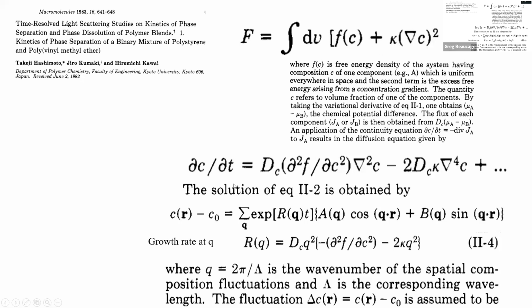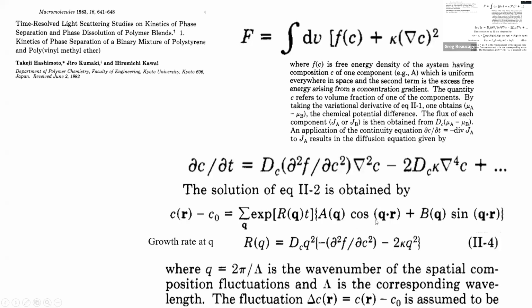Fick's law gives you this idea that the changing concentration with time is going to be the second derivative of the free energy times the diffusion coefficient times this gradient term. So it's like a power series in this concentration gradient term, and then this differential equation can be solved with an exponential, and the exponential is this growth rate of the phases.